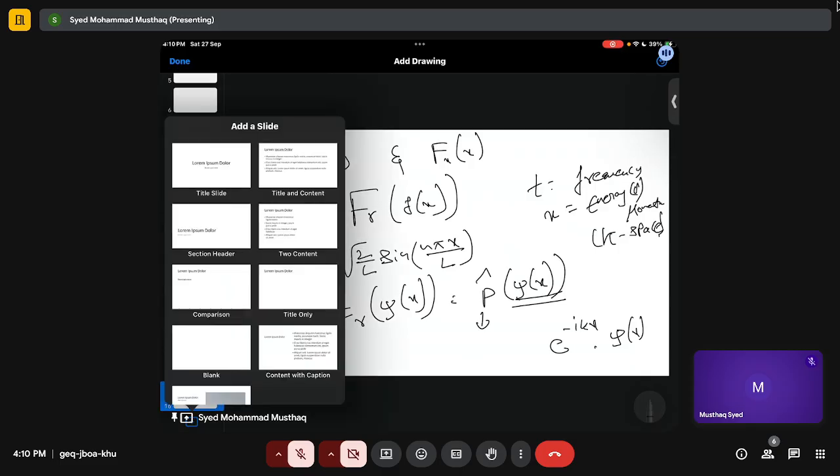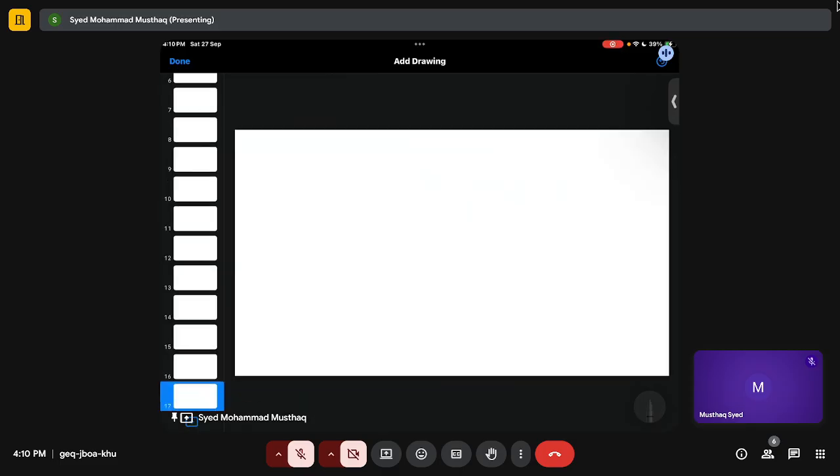And I can write sin(n pi x by L) as e power ikx minus e power minus ikx upon 2i. So all I have to do is integrate from 0 to L.